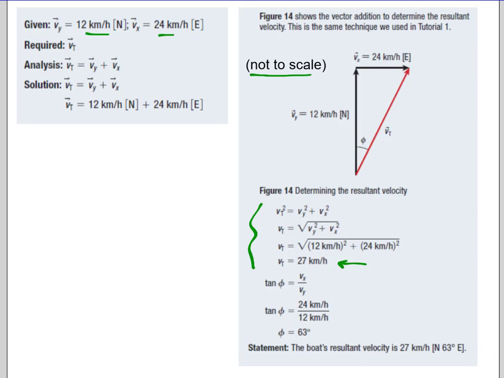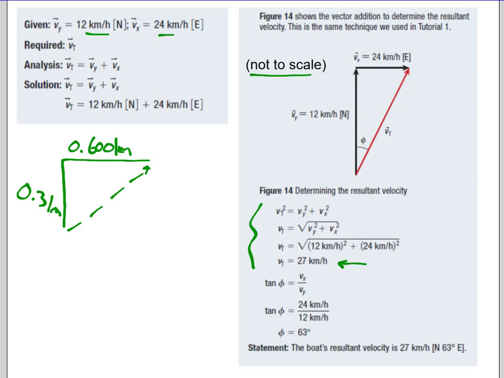Now, if you want to do an interesting little challenge here, we said we were washed 0.6 kilometers downriver, and we said the distance across was 0.3 kilometers.